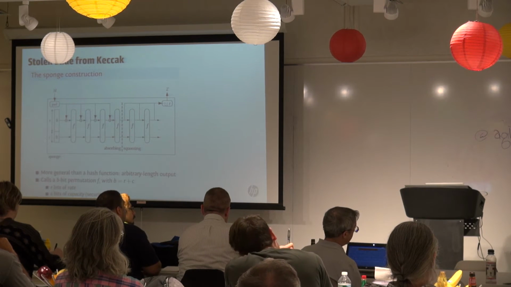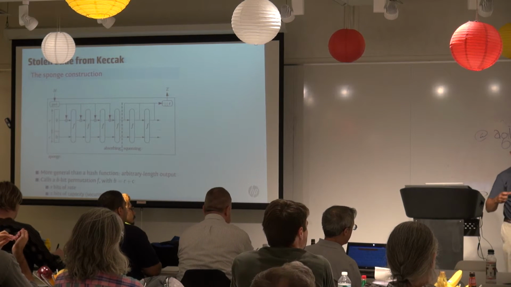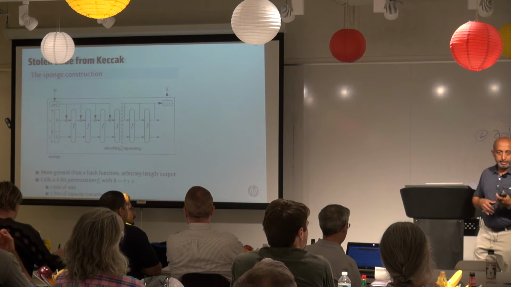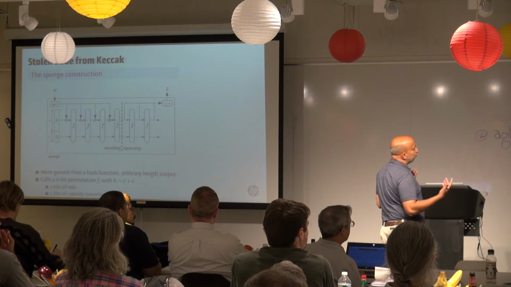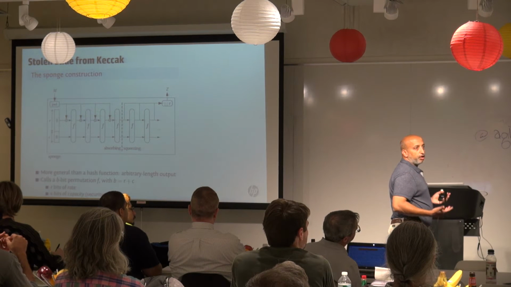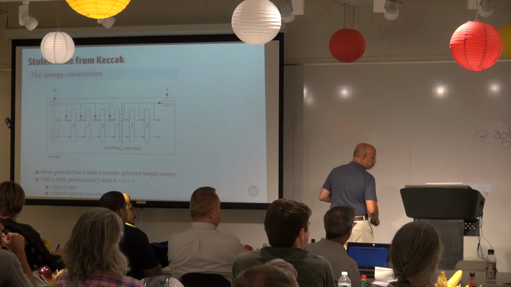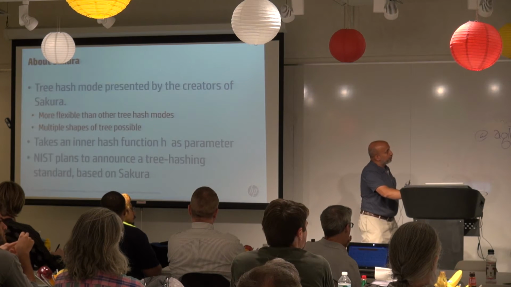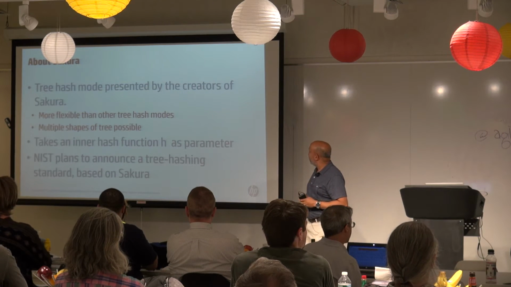You could shrink R and get more C, or you could shrink C and get more R, and there are some engineering trade-offs that you have to do to get a flexible output hash function. Anyway, I won't go into this in much greater detail because I want to get into the actual meat of the talk.